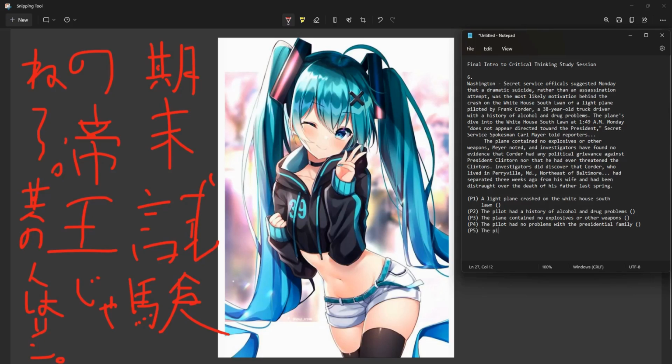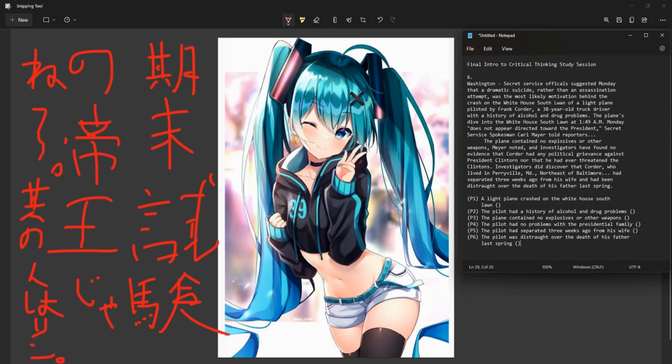P5 will be the pilot had separated 3 weeks ago from his wife. P6 will be the pilot was distraught over the death of his father last spring.